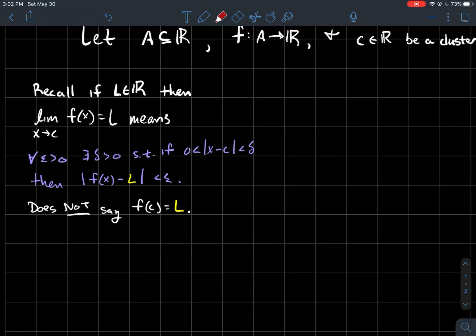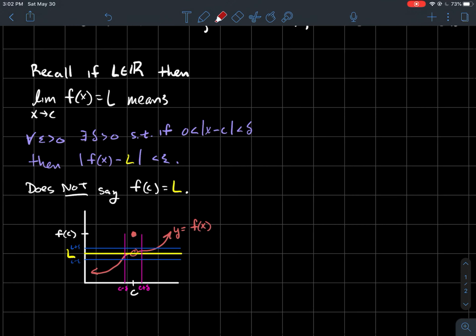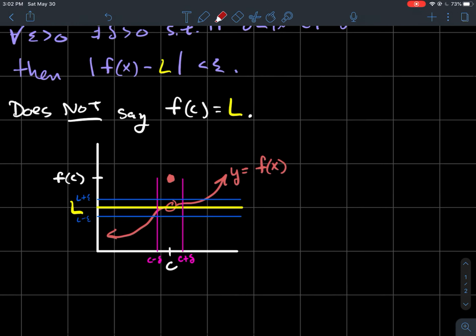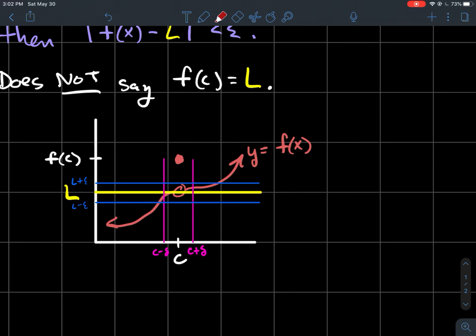To give you a picture of what's going on, if I show you this picture down here, my function is in that reddish color. The point is that if I put any blue window around L here, I could find a corresponding pinkish window around c so that for any x value that I picked in that window, the corresponding y value is within that blue window to the left here.